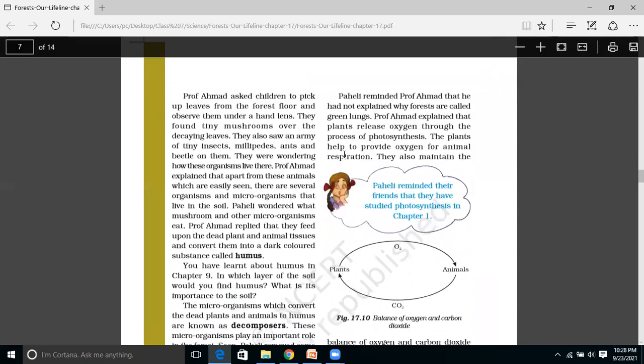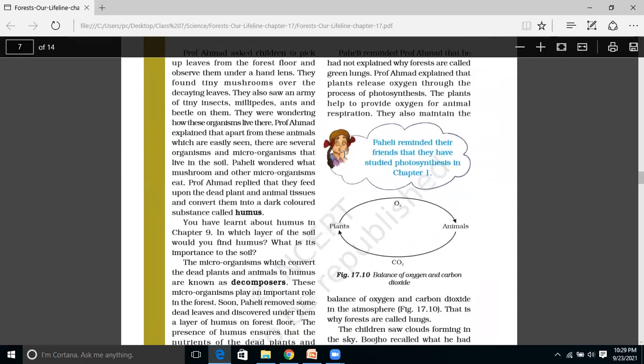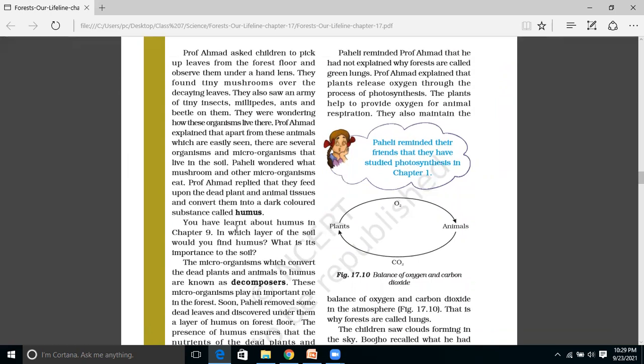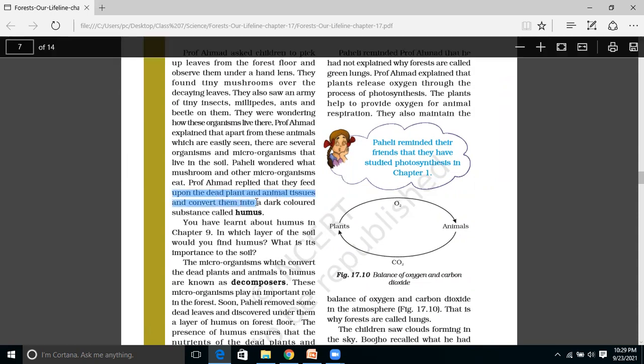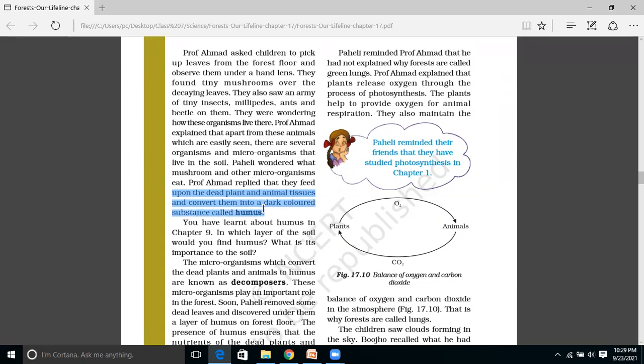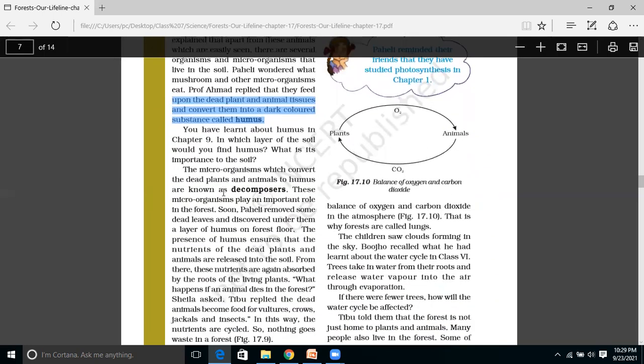Then Professor Ahmed told them that these types of organisms feed upon the dead plants and animals and they convert them into a substance which is called humus. The microorganisms which convert the dead plants and animals to humus are called decomposers. So these microorganisms which were there, we call them decomposers.